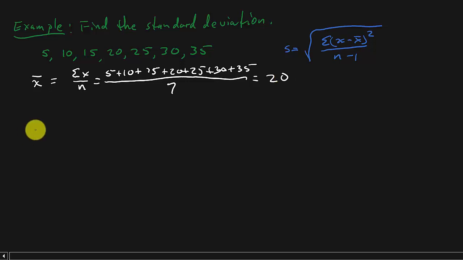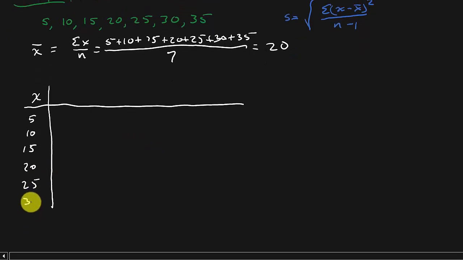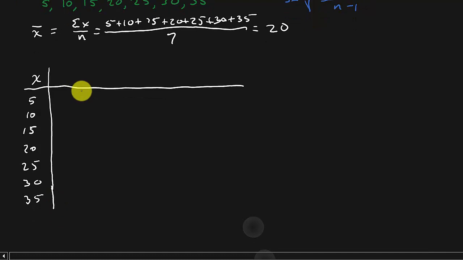Okay. All right. So now let's make our table. So I've got x. And that is going to be 5, 10, 15, 20, 25, 30, 35. Okay, so there's our x values. And then I need x minus x bar.